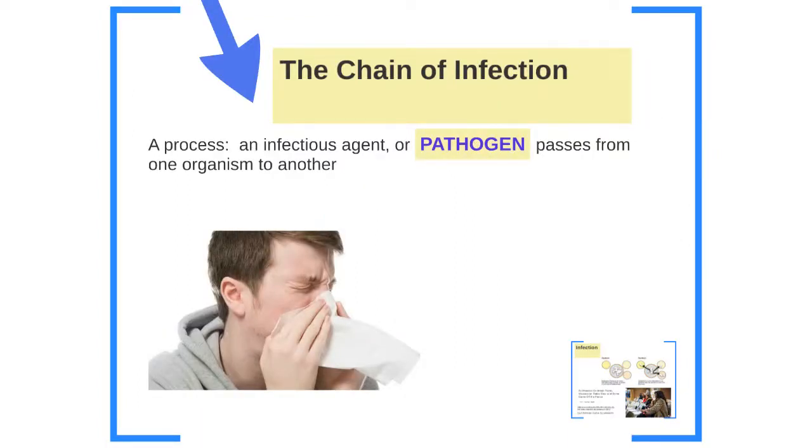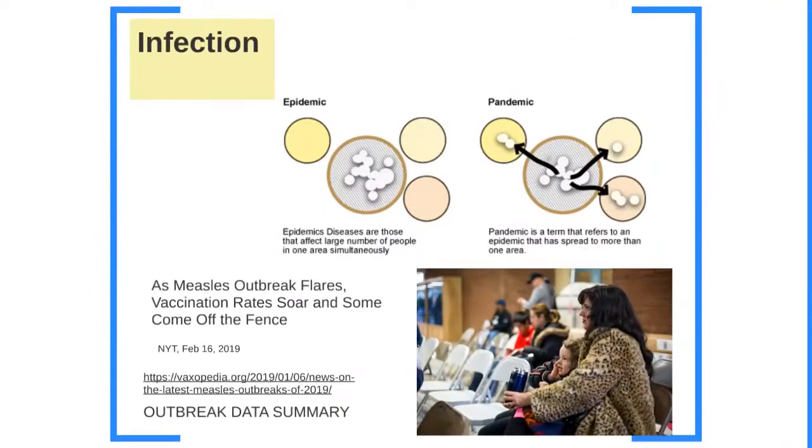The chain of infection requires a pathogen or some sort of infectious agent, which is passed from one organism to another. And here we'll see an example of a community. If we look at three different groups of individuals, and this community is in the center, a white circle indicates individuals who are sick.